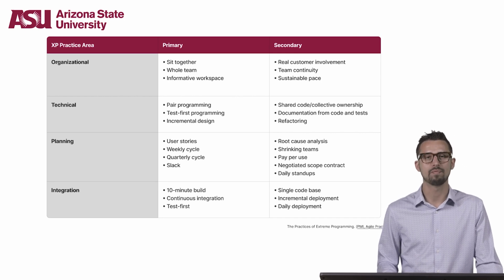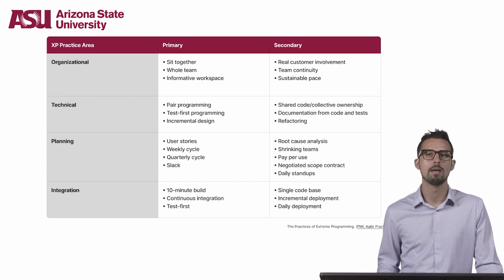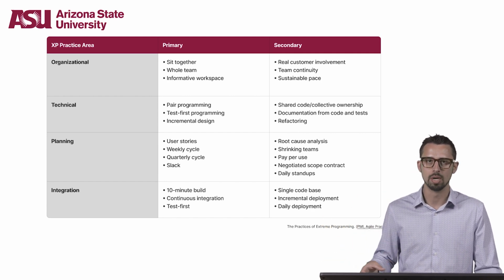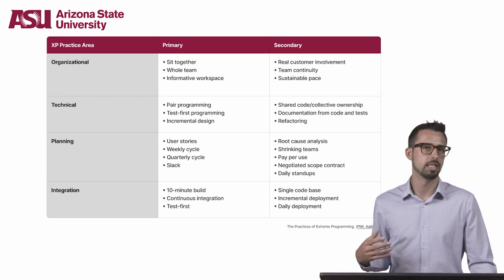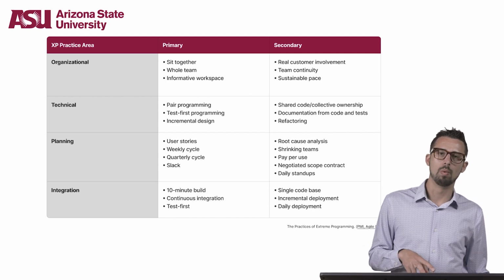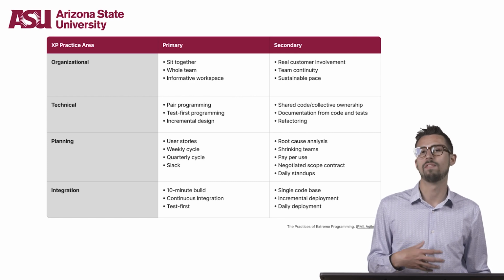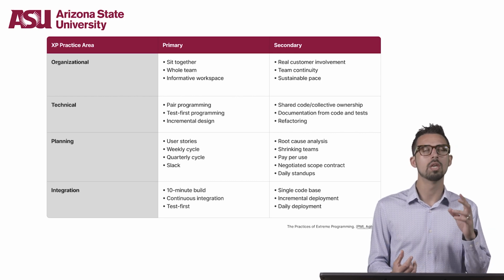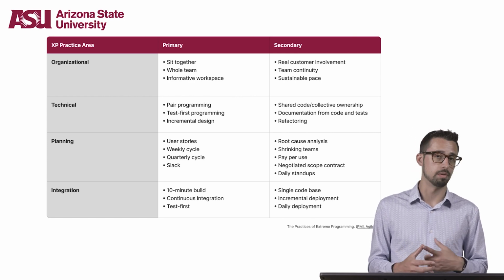The method was first formalized as a set of 12 primary practices, but then gradually developed to adopt several other corollary practices. And these are listed here. The evolution was the result of designing and adopting techniques through the filter of core values: communication, simplicity, feedback, courage, and respect.